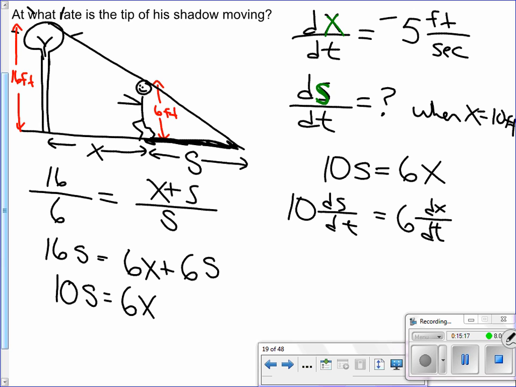Right? So this when x equals 10, it didn't even matter where you were. The rate at which the shadow length was changing had nothing to do with how far away you were. So once we put in the negative 5 here, you guys are going to be able to tell me what ds dt turns out to be.